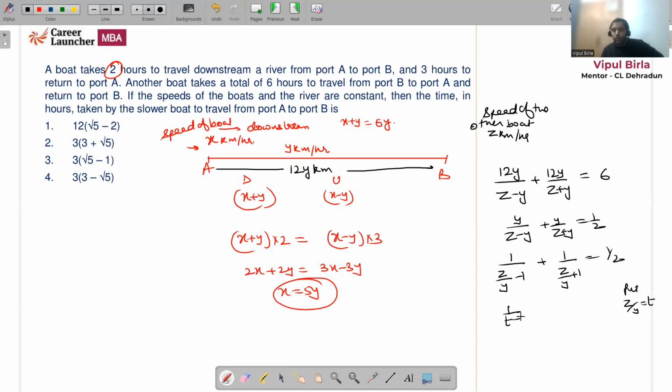So 1 upon t minus 1 plus 1 upon t plus 1 equals 1 by 2, or 2t upon t square minus 1 equals to 1 by 2, which implies t square minus 4t minus 1 equal to 0, where t is the ratio of the speed of the slower boat to the speed of the stream, right?